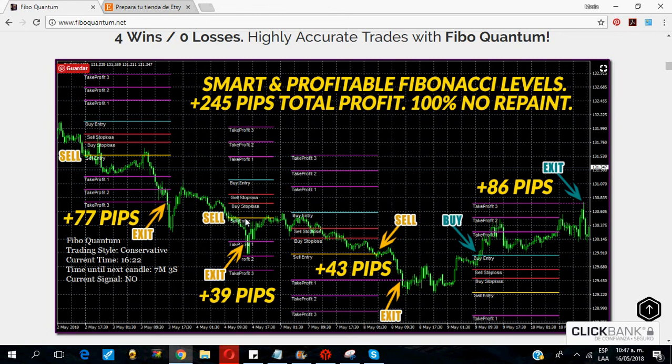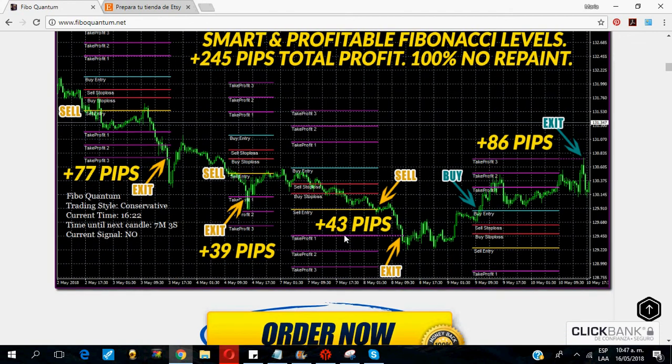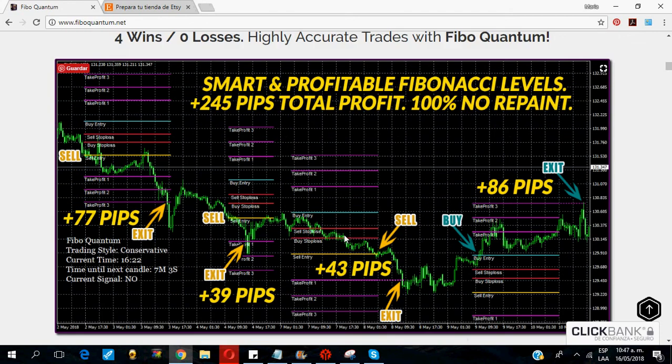Here is the sell signal and the 3 take profits and the stop loss. Or you can have a buy signal and have the 3 take profits and the stop loss. As you can see, it's amazing really.